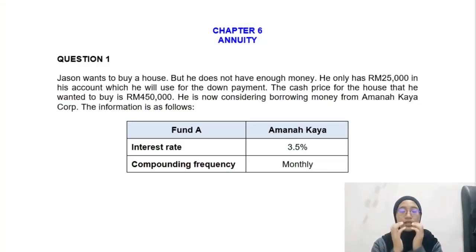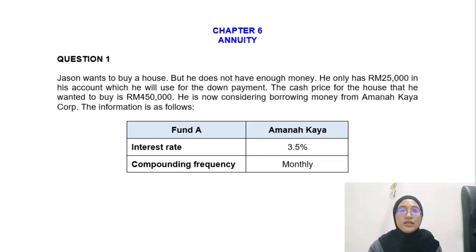I want to explain question 1. The question asks: Jason wants to buy a house, but he does not have enough money. He only has 25,000 ringgit in his account, which he will use for the down payment. The cash price for the house that he wants to buy is 450,000 ringgit.